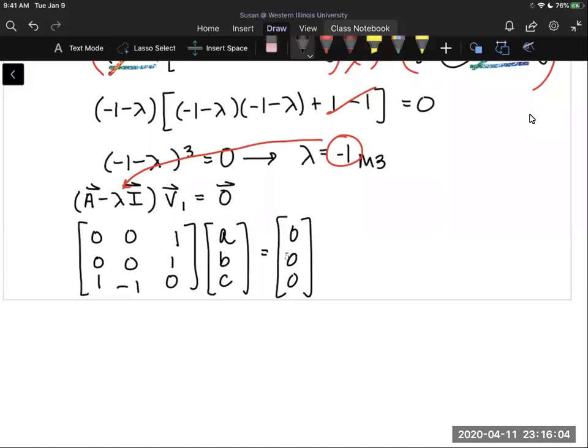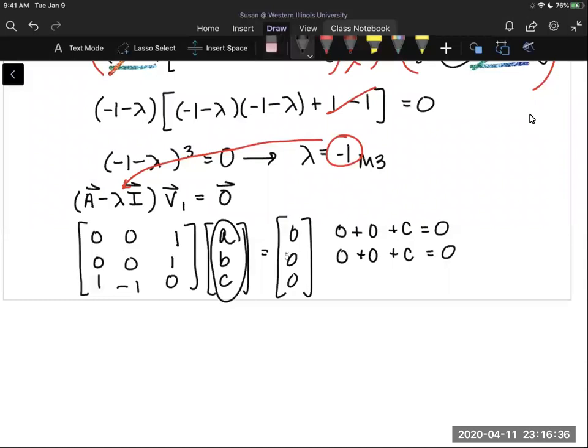So if I carry out the dot product, the first row times the first column would give me 0 plus 0 plus c equals 0. The second row times the first column gives me the same, 0 plus 0 plus c equals 0.